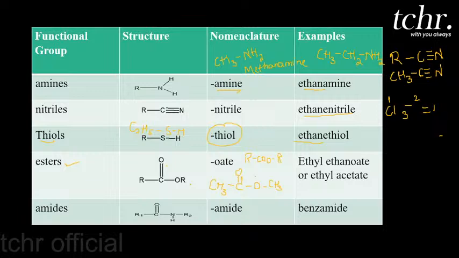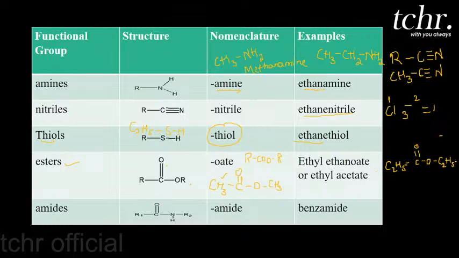You can observe here, this is the general formula of esters. Now the R group I have substituted with a methyl part. So it gives me CH3 C double bond O CH3. Or it can be C2H5 C double bond O C2H5. So this is how you write examples of esters.